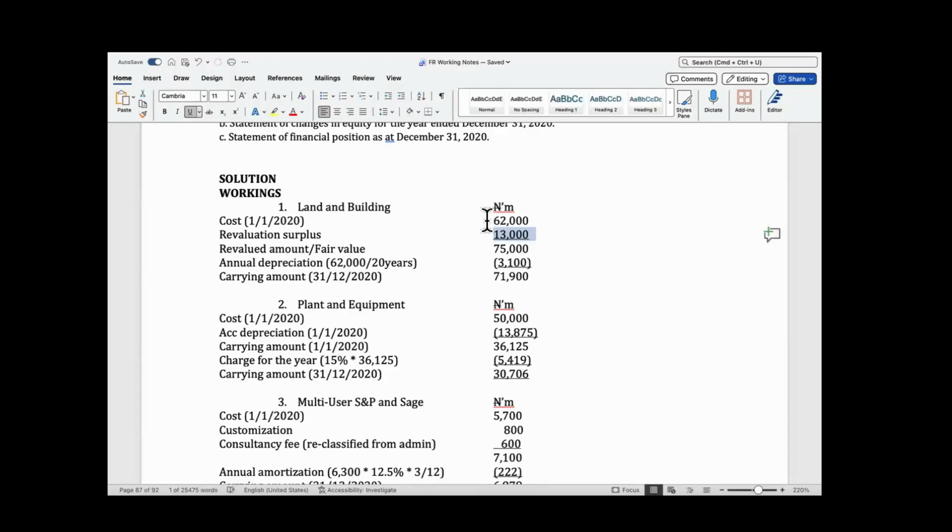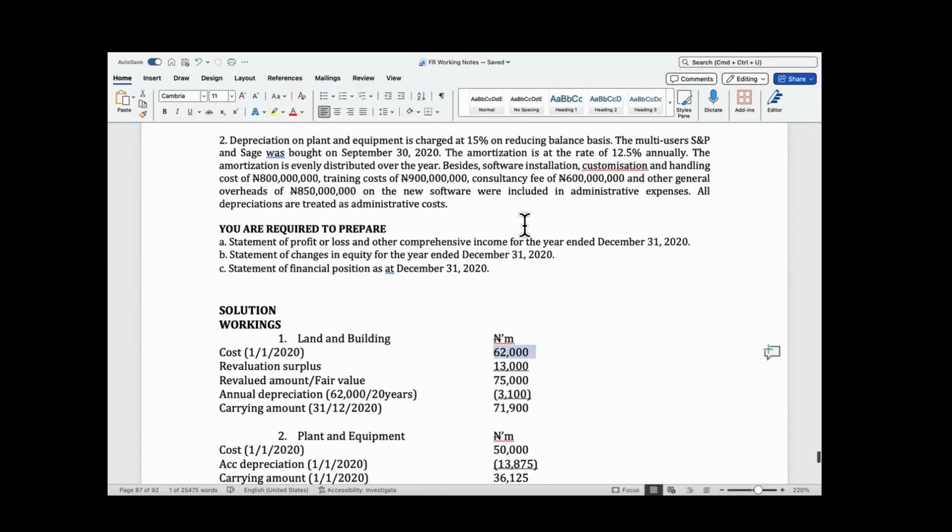An asset whose value just came up at the end, you cannot consider it for depreciation for a whole year. So I only consider the 62 to get my first year depreciation. In subsequent years, I can factor in the entire 75. But for this current year, it's only the 62 that would be considered.